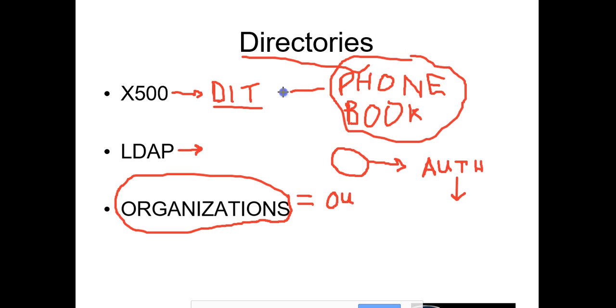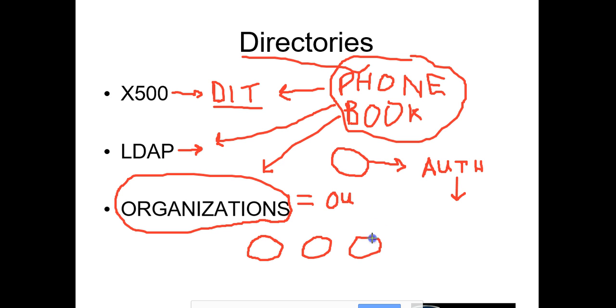Those phone books are usually things like a directory server or an LDAP, but basically it's organized in a way that maybe has the HR department all together, IT all together, finance all together.